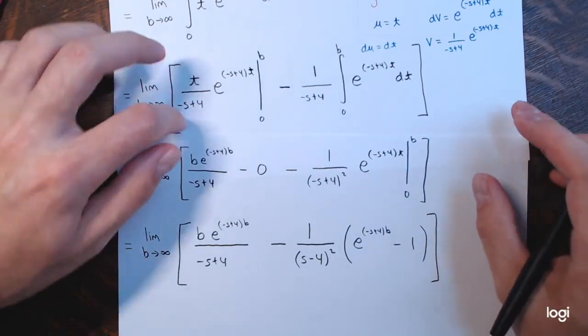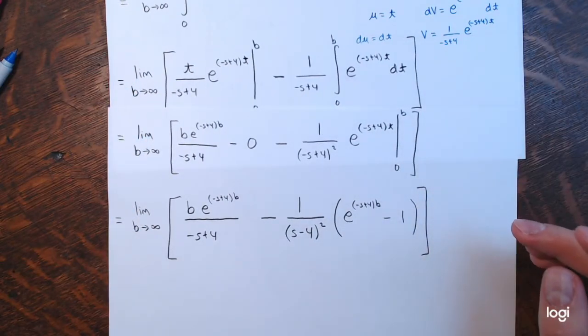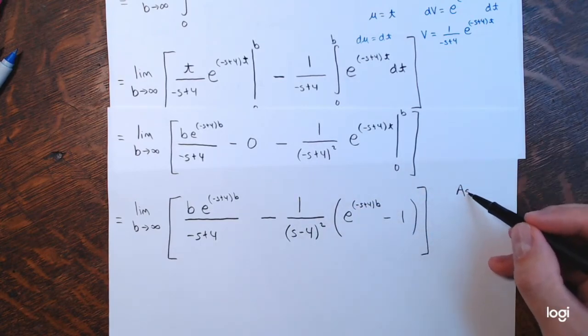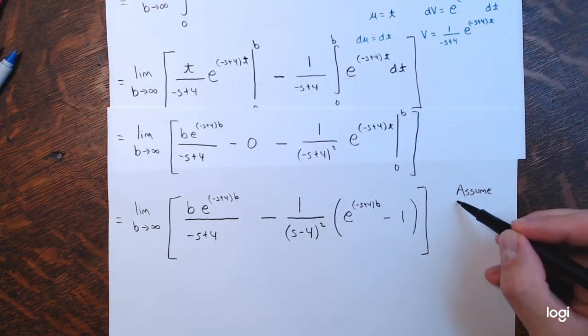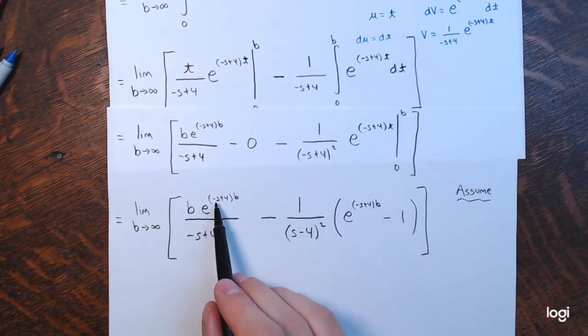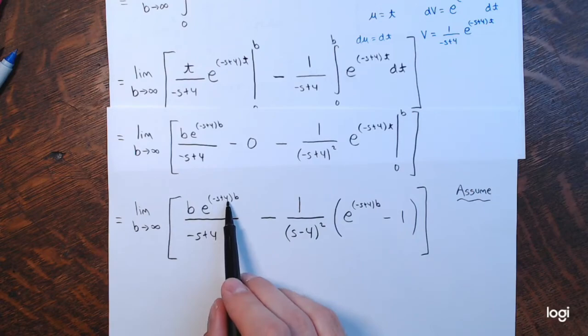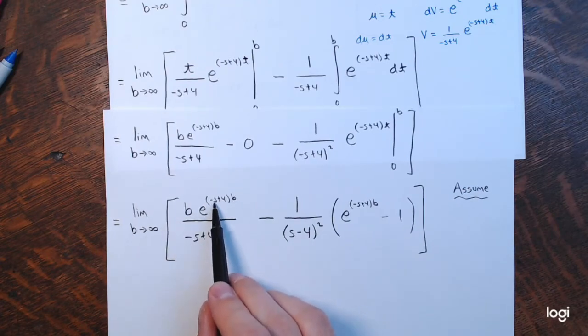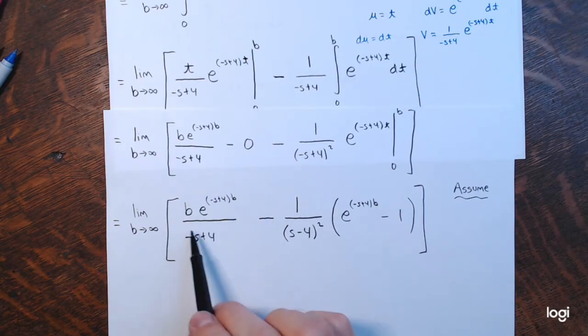And then just as before, in the previous couple of examples, we need to assume some things about the value of s in order for the limits to actually exist here. If negative s plus 4 were positive, that would be awful, because b is approaching infinity. This exponent would be blowing up and this whole expression would be blowing up.